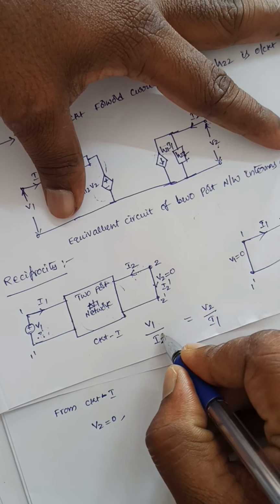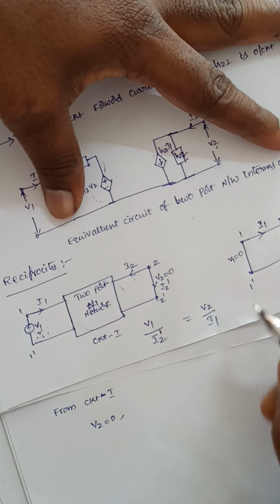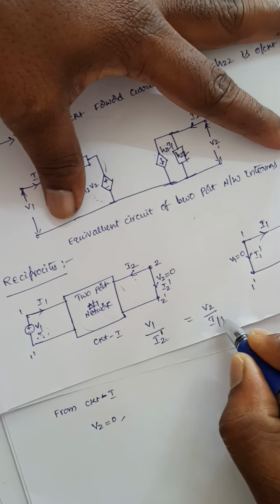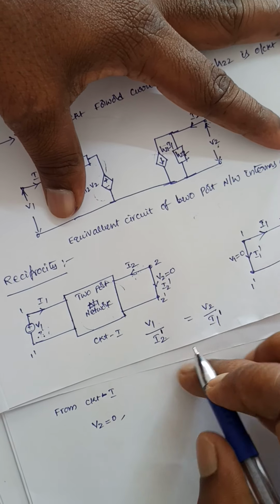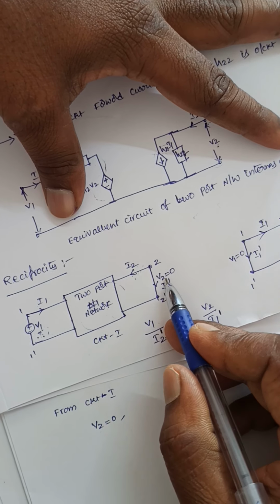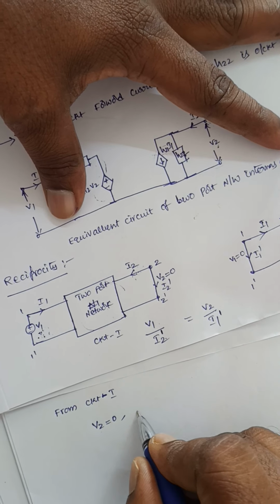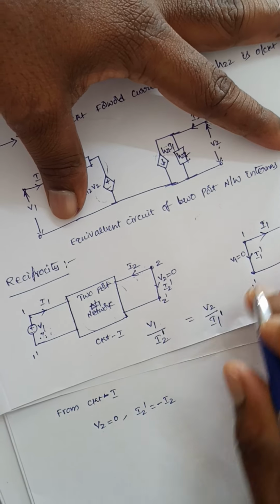V1 by I2 dash, so here the response should be taken like this, V1 by I2 dash. Here also the response should be taken like this, it is I1 dash, V1 by I2 dash, V2 by I1 dash. So V2 is equal to 0 for this, I2 dash is equal to minus I2 for circuit 1.